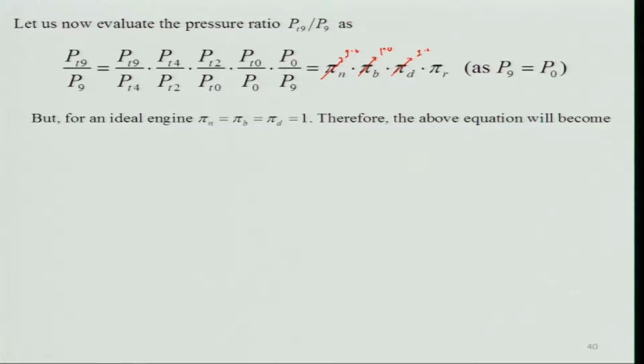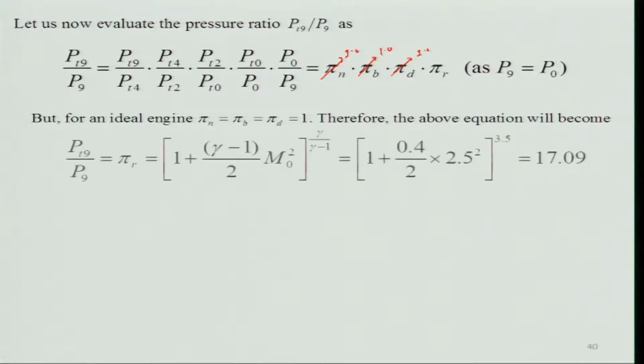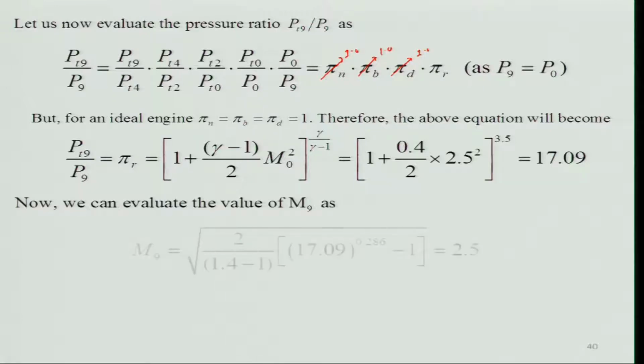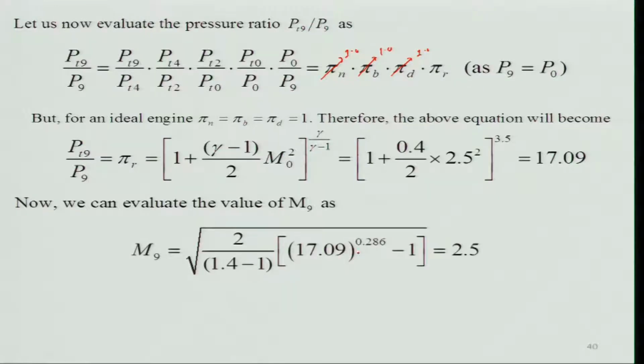So that turns out to be pi r. And pi r you can find out very easily, so that you know this pressure ratio, and Pt9 you can find out. You can really substitute these values and find out M9 is this much, 2.5. And interestingly, this M9 happens to be same as that of the flight Mach number, and that will be valid only for an ideal case.